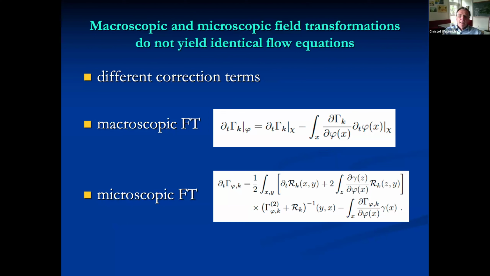Let's nevertheless compare a bit the macroscopic and the microscopic field transformations. First of all, if you look a bit closer, the correction terms are different. So this is the t phi of x, that's the k derivative of phi at fixed macroscopic field chi, where the renormalization kernel, the RG kernel, is an expectation value.